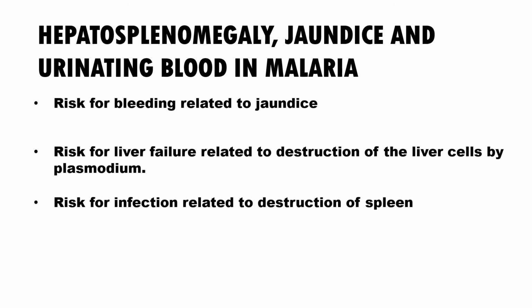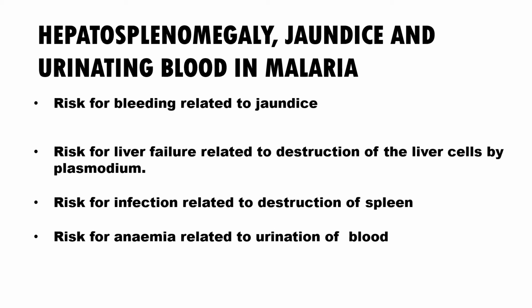If it is destroyed, it can also predispose someone to infection. We have risk for anemia related to urination of blood. So when someone is continuously urinating blood, the blood is being lost, and if no action is taken, the person will go into anemia.